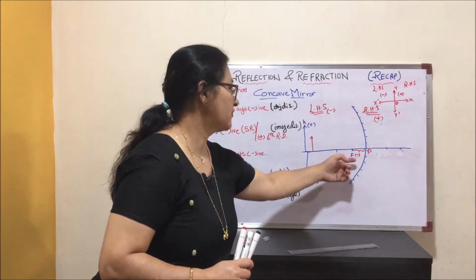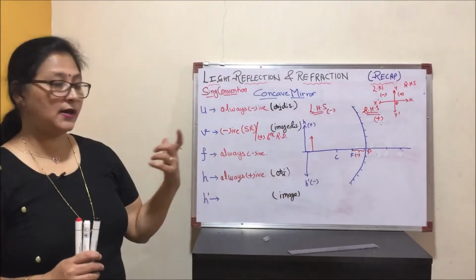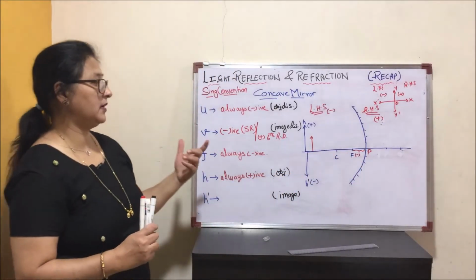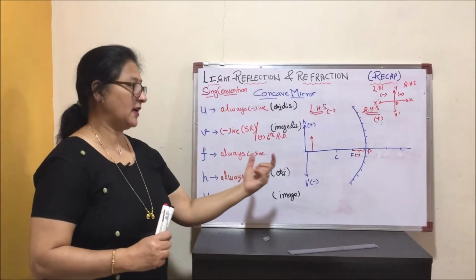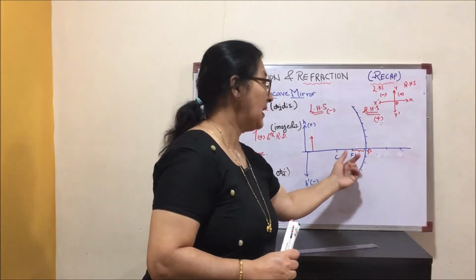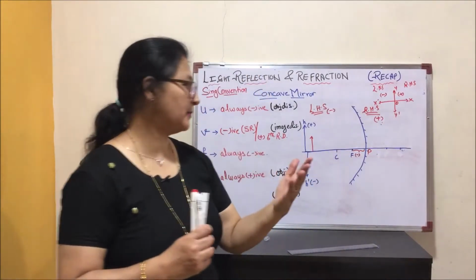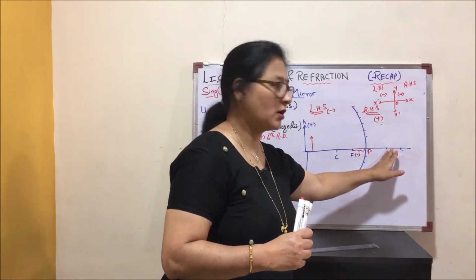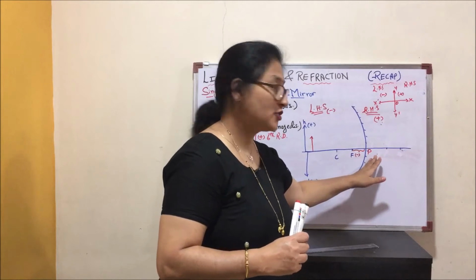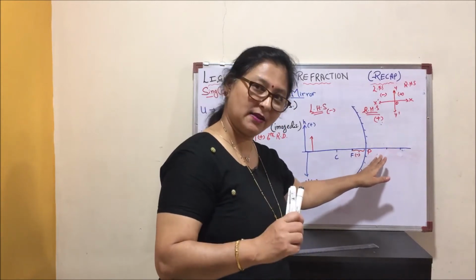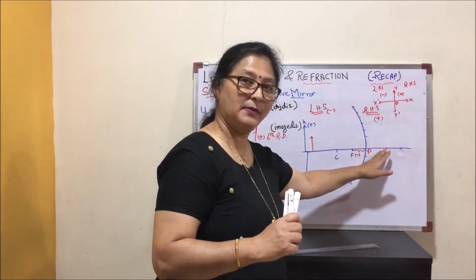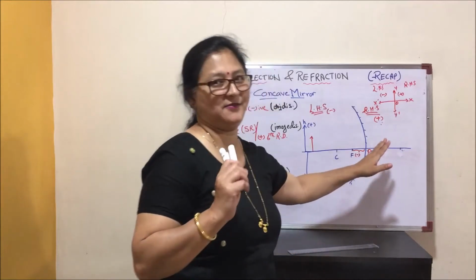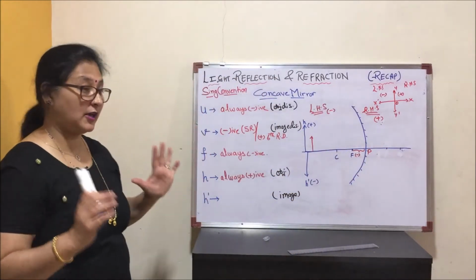We are considering this as the focal length. But in the case of a convex mirror, the image was formed at the focus or between the focus and the pole. So in the case of a convex mirror, the focal length will be considered as positive. This is a very, very important point.